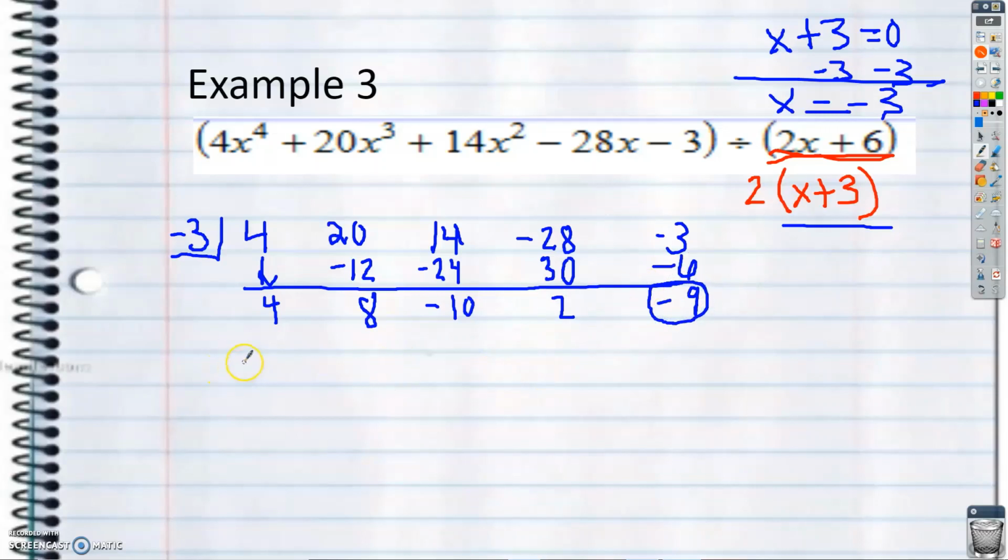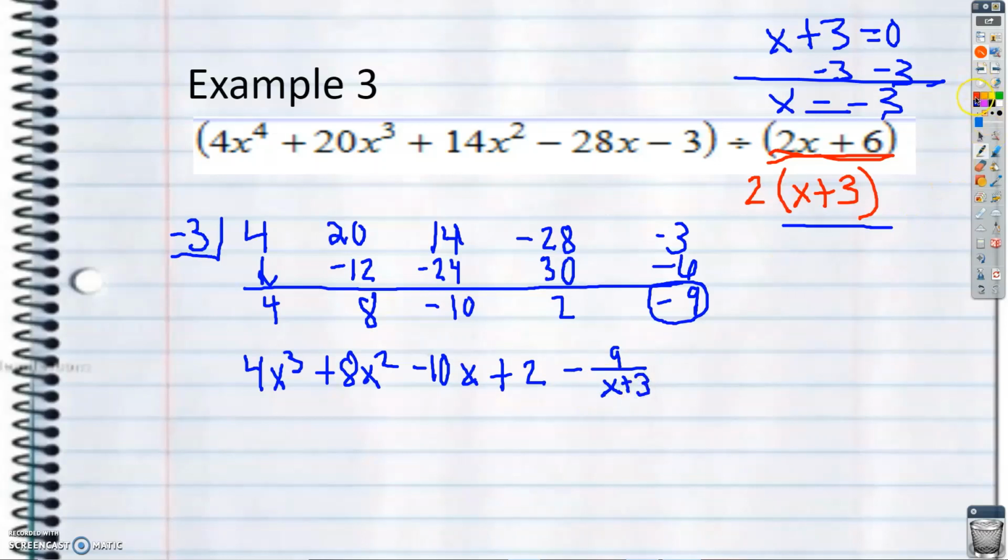Cool. So now I have 4x, and remember this is to the 4th power, so I have to do 1 less than that, so that's 3, plus 8x squared minus 10x plus 2 minus my remainder, which is 9 over x plus 3.